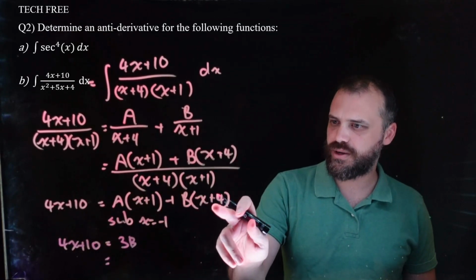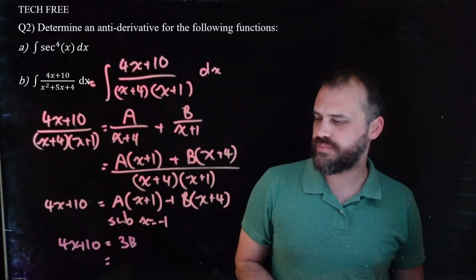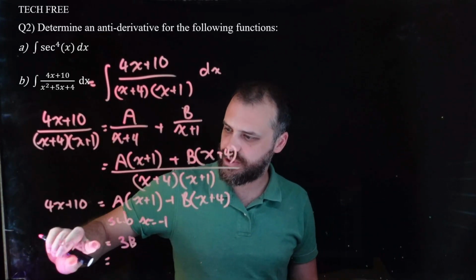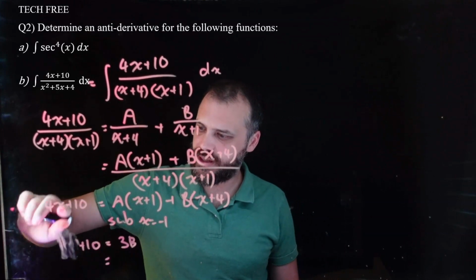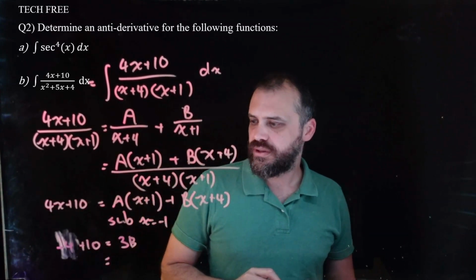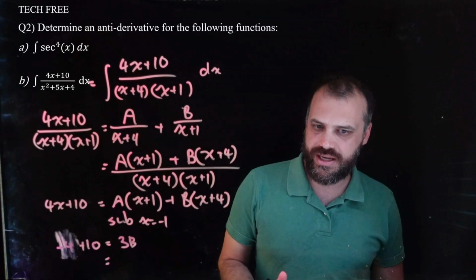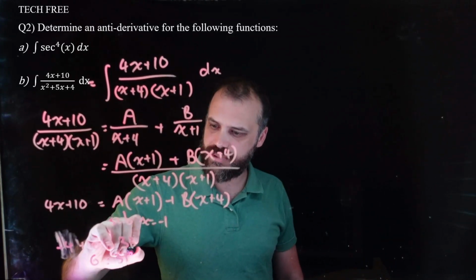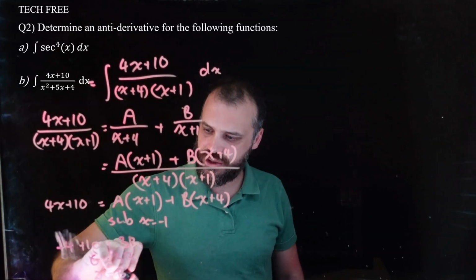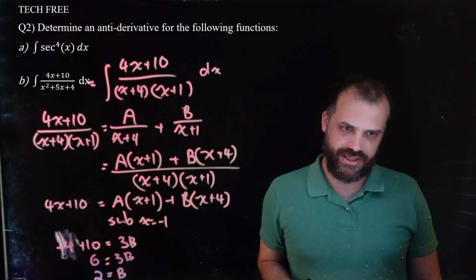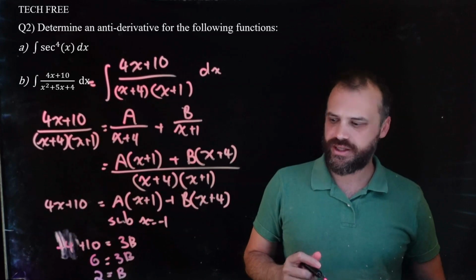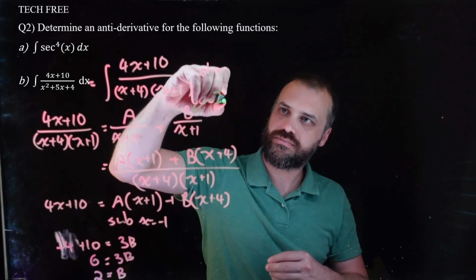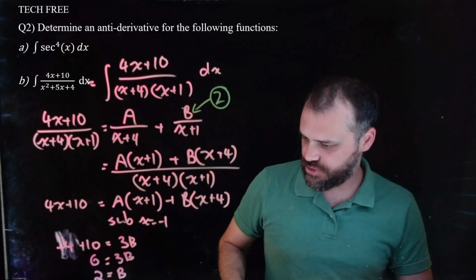Hopefully that makes sense. -1 plus 4, 3, 3b. Okay, and we need to sub our x in there as well. -4. All right, so -4 plus 10 is 6 equals 3b. So b is a nice, neat little number. b is 2. Okay, so we can sort of make a little note of that here. So we know b is equal to 2.